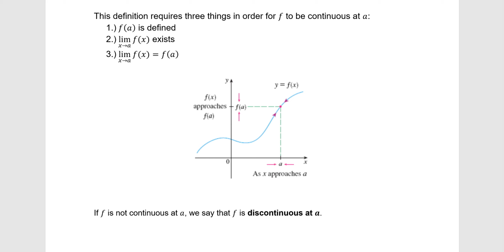Okay, so this graph right here is continuous at x equals a, because the limit as x approaches a of f of x equals f of a. We can draw it without picking up our pencil. And if f is not continuous at a, then that means the function is discontinuous at a.